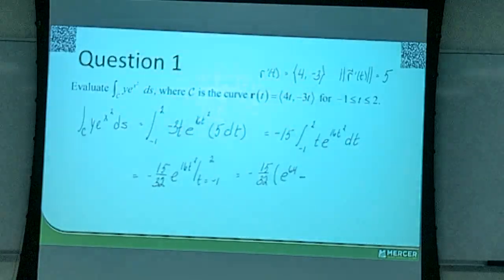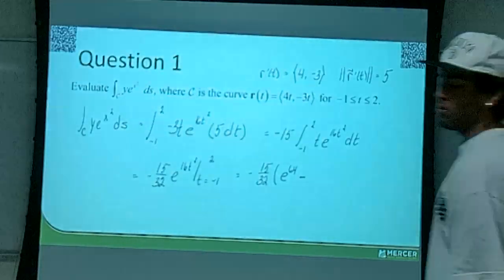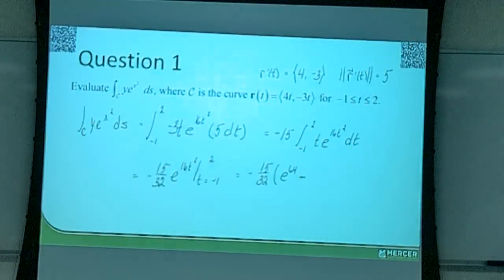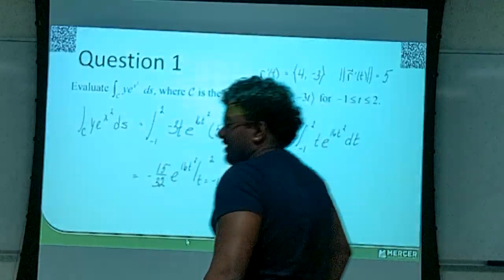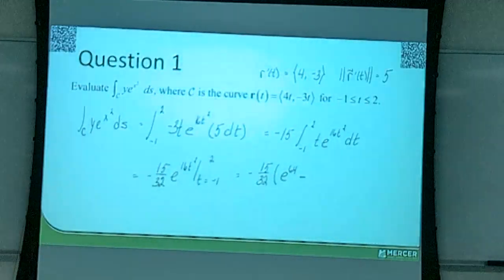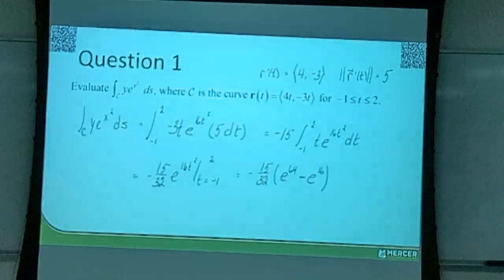Negative 1 squared is 1 times 16. That would be our integral.